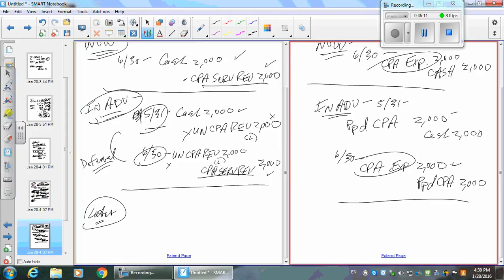Instead, it's an asset right now until I use it up, and this is also a deferral, but it's a deferral of expense, and that deferral happens to be a prepaid. It's an asset, isn't it? Yes. So deferring revenue creates a liability, because I owe them. But deferring expenses creates an asset because I have it prepaid. So you're right on. You're getting it.